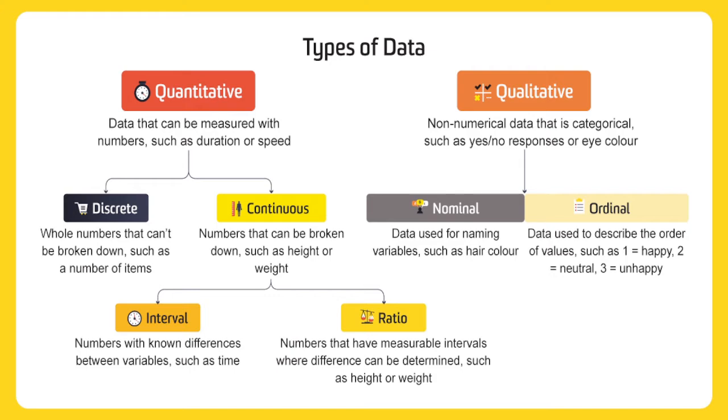Further, quantitative data is of two types. One is discrete data and the second one is continuous data. Discrete data are especially expressed in whole numbers, which cannot be broken down. As an example, one will ask you how many kids in a school.